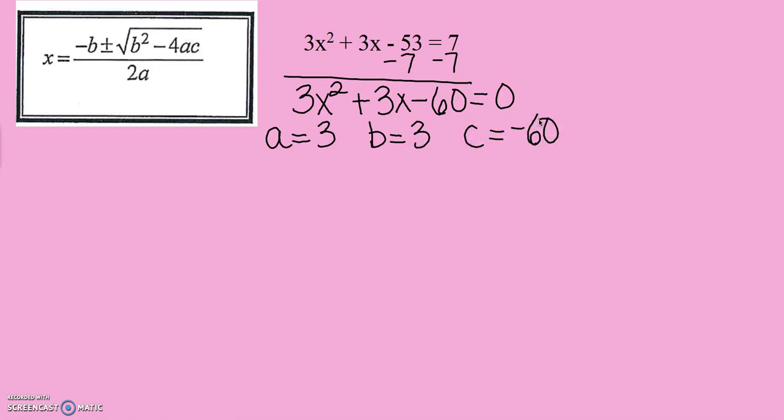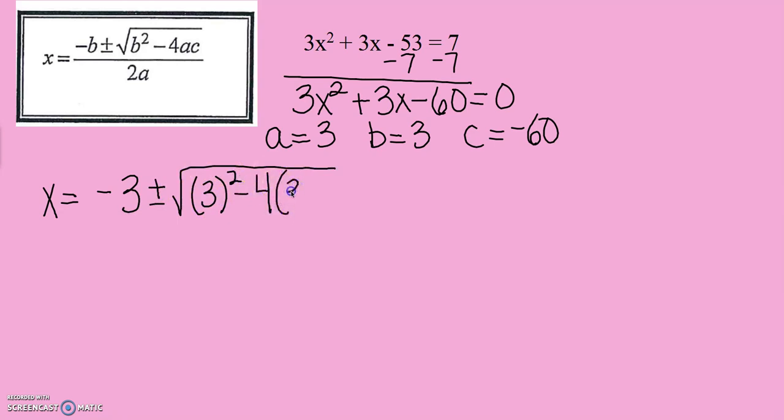We're going to substitute into the quadratic formula. X equals the opposite of 3 plus or minus the square root of 3 squared minus 4 times 3 times -60, all divided by 2 times 3.